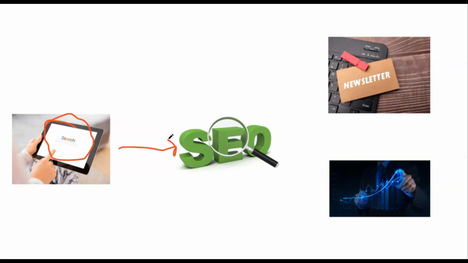Not only that, I can send out my newsletter to people on my email list, but if I'm also ranking it for that particular article, then people will come over from the search using the SEO, and they will find my newsletter, and hopefully they will subscribe as well.